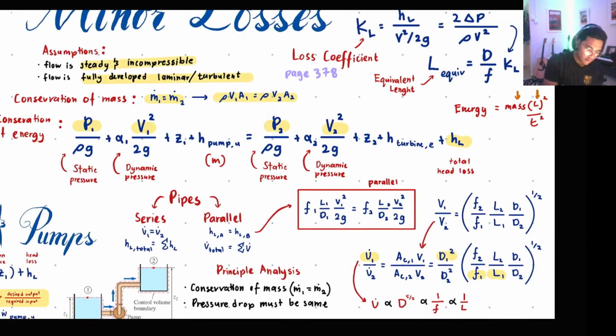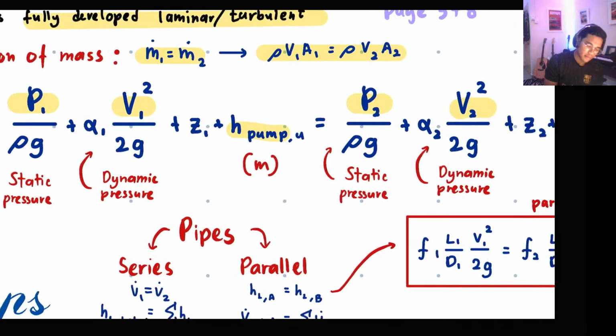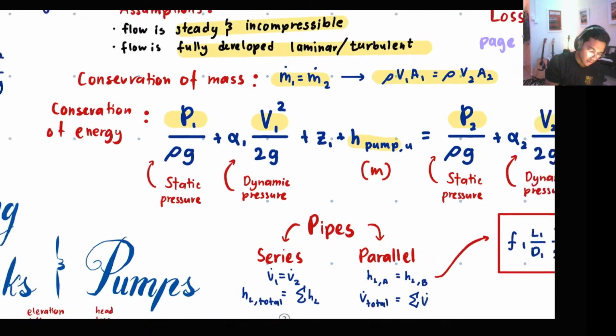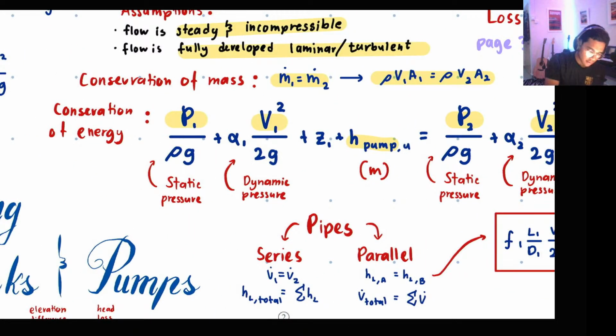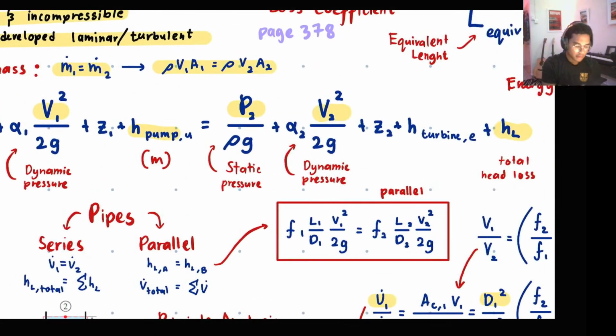Okay. So right now we are representing energy in terms of length, which is the pressure, the head loss, the head pump. So we have static pressure, dynamic pressure, dynamic pressure plus g times elevation, H pump if we have a pump.